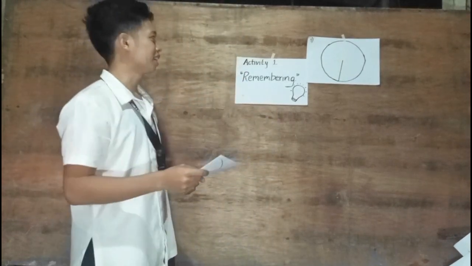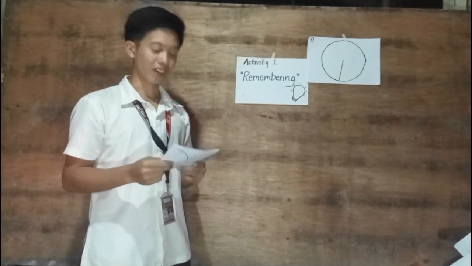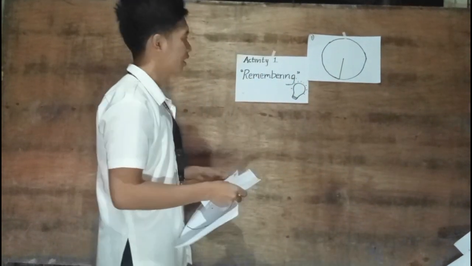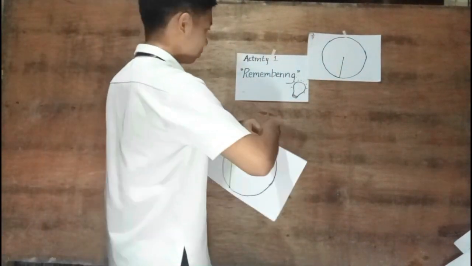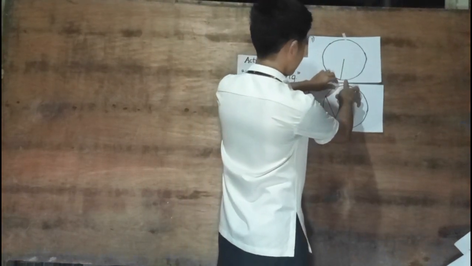Mr. Foster, ano sa tingin mo ang ini-illustrate ng number 1? Radius po, sir. Okay, that's good. Tama po siya. Ini-illustrate ng number 1 which is radian or radius. So, for number 2, okay, tatawag ulit tayo.